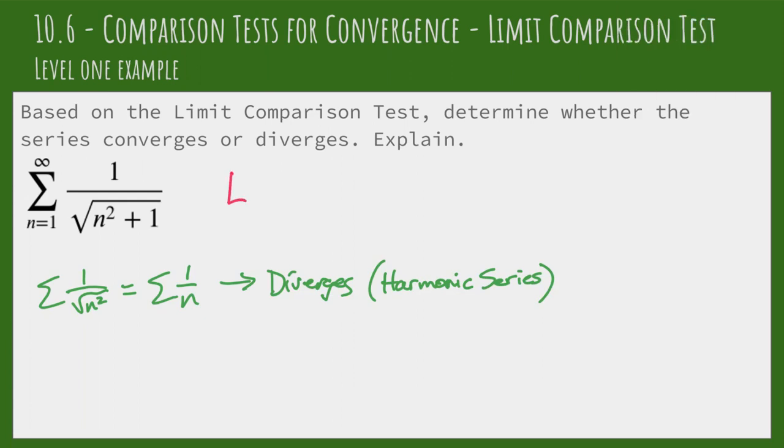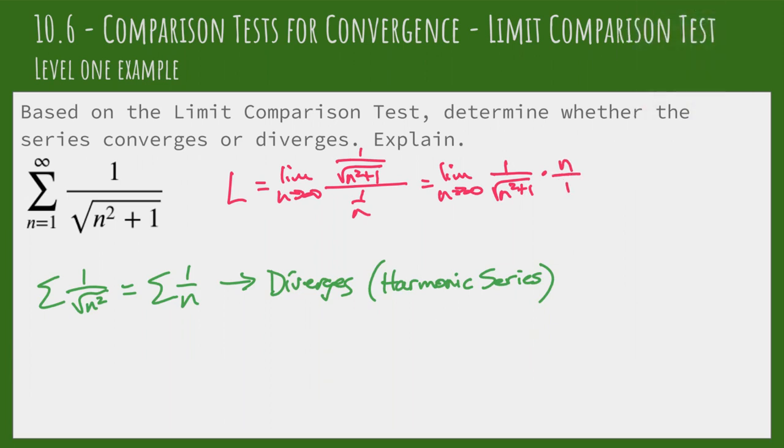So if we look at our limit, what's going to dominate the bottom is going to be the square root of n squared, which is n.